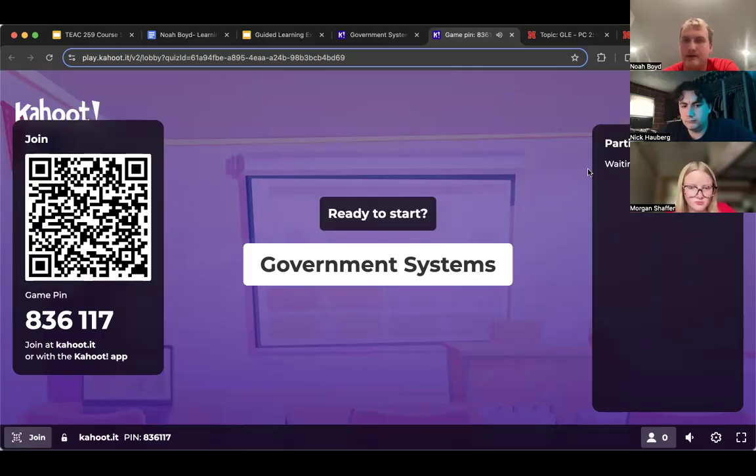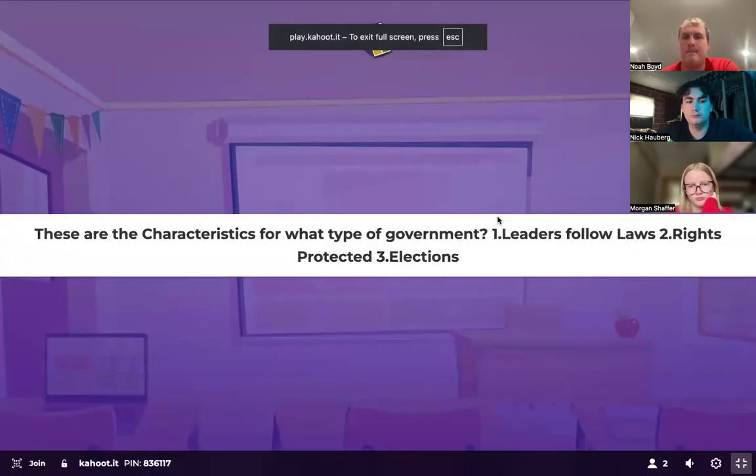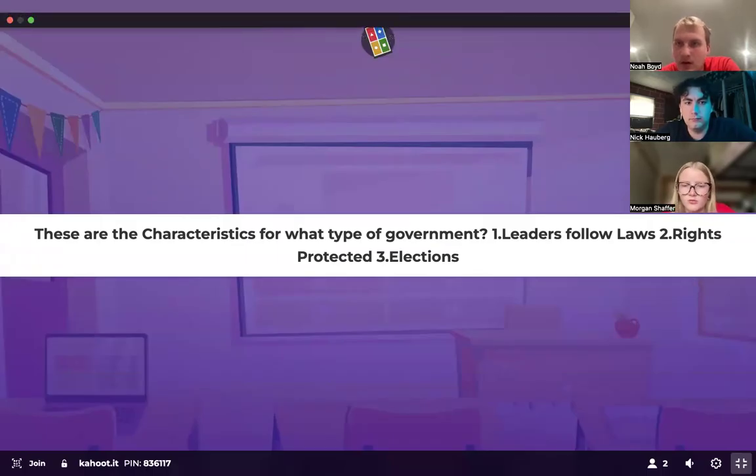Can you guys see the code all right? Yeah. Okay. If you guys are both in, I'll start it. If you can't see the question or anything, just let me know. I don't think it'll show up on your phone if you join on your phone, but okay, we'll start it. Can you see everything all right? The question and stuff? Yeah.